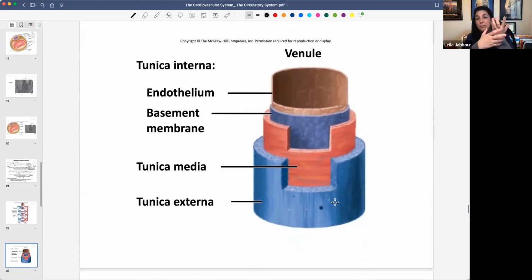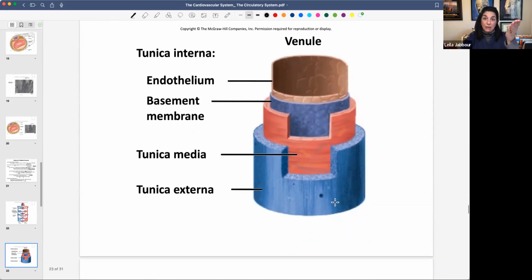All right, so all this was about arteries. So I'm going to get into veins. Maybe not spend as much time, because it's just about learning the layering of all of these and the differences between them. So we have a tunica interna with an endothelium. This is pretty much the same.